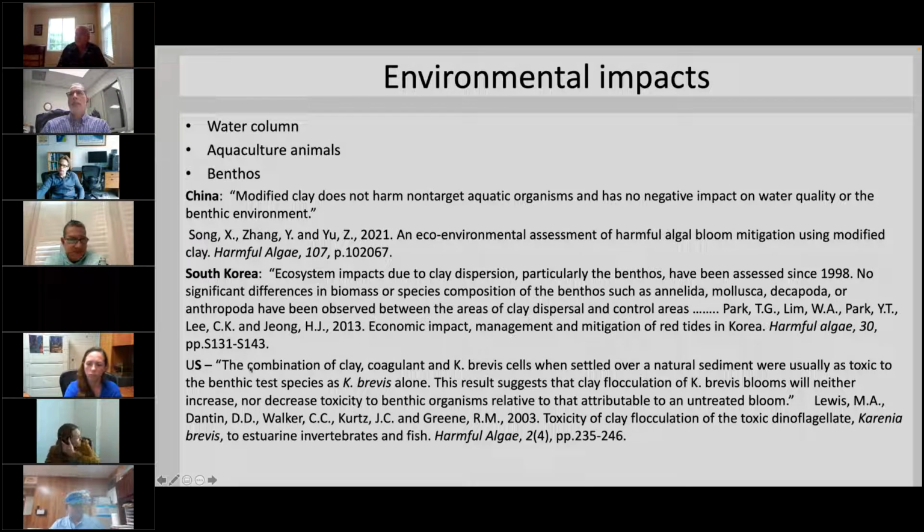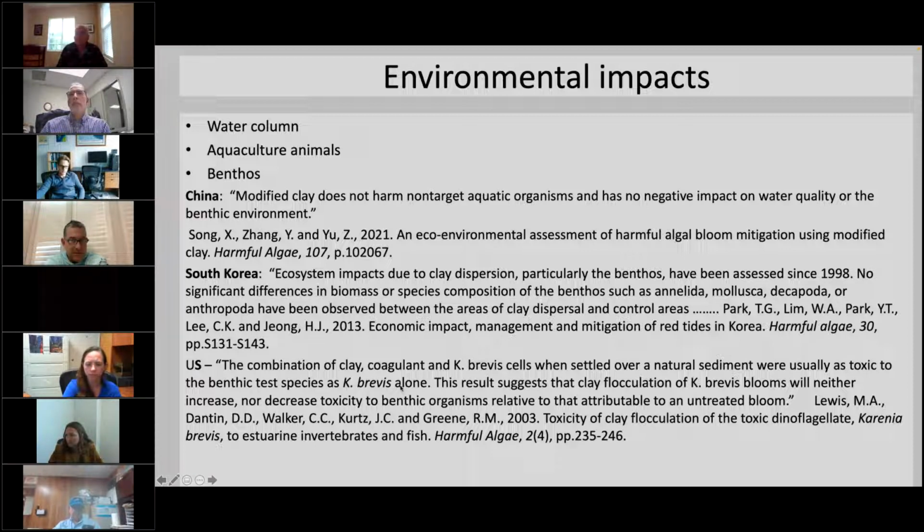And in the US, the EPA group did a study of clay and basically said that the combination of clay and the Karenia cells and this coagulant, which is a polymer, when settled over natural sediment, were usually as toxic to the benthic test species as K. brevis alone. So what that's meaning is that if you have Karenia brevis, you had impacts on these organisms.